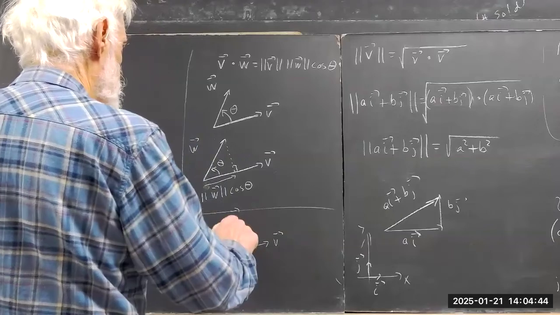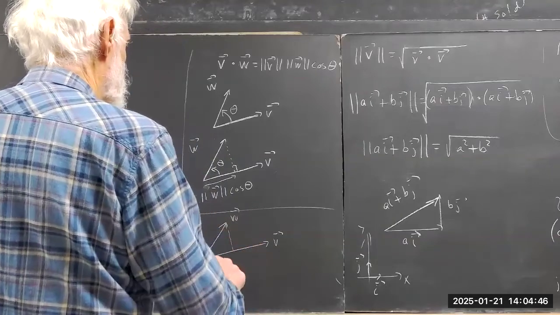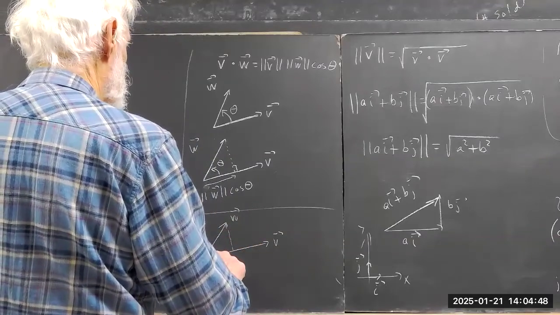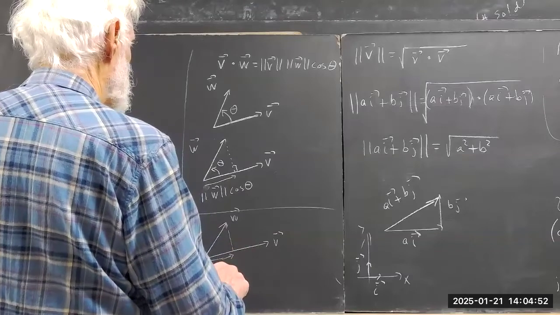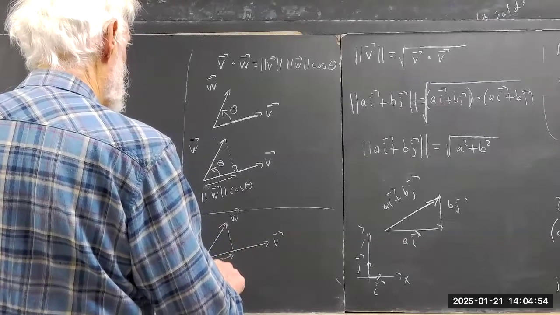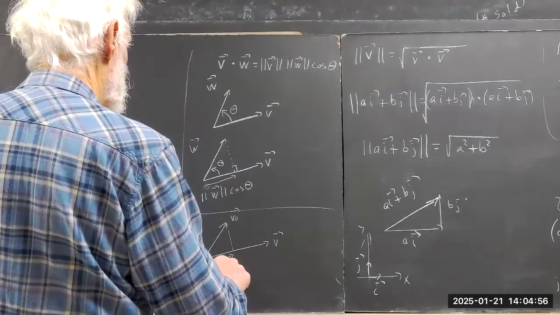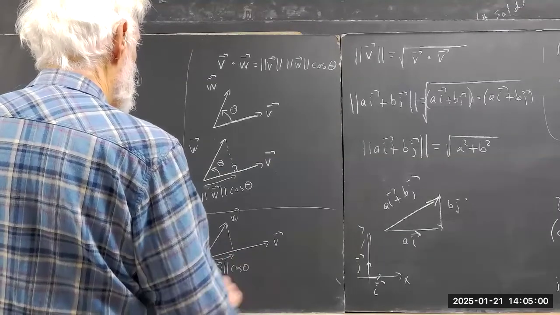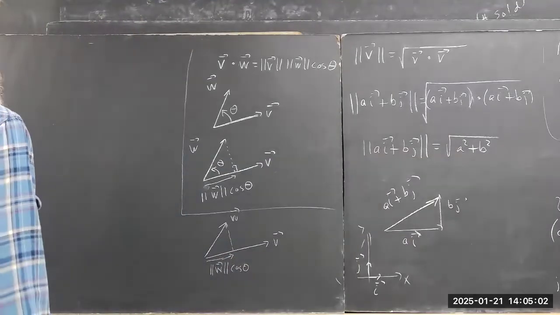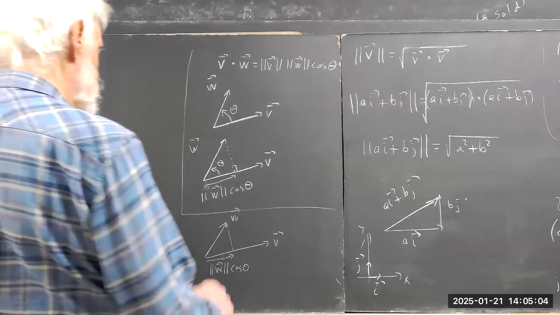Here's V and here's W. Here's your projection. This displacement is the magnitude of W cosine theta.